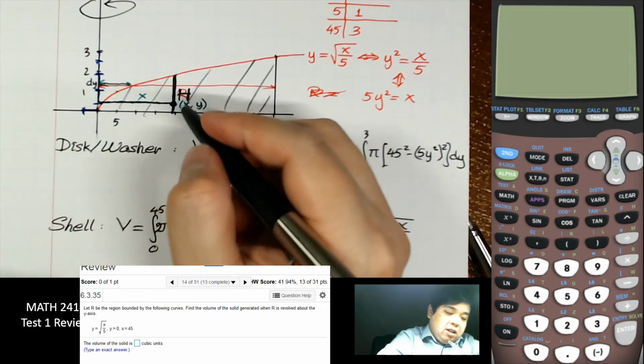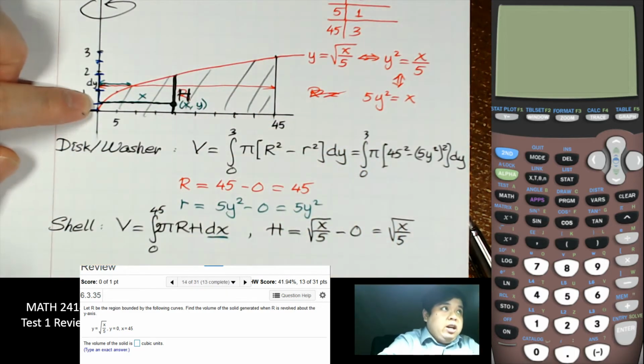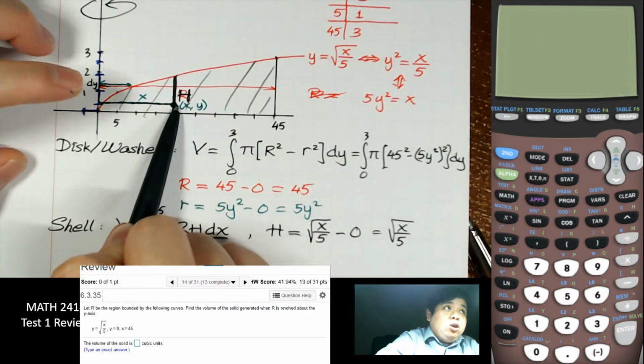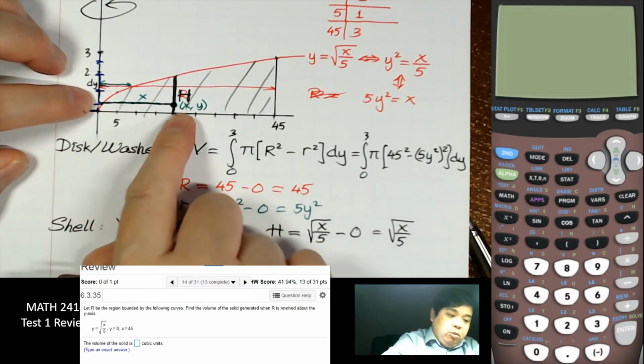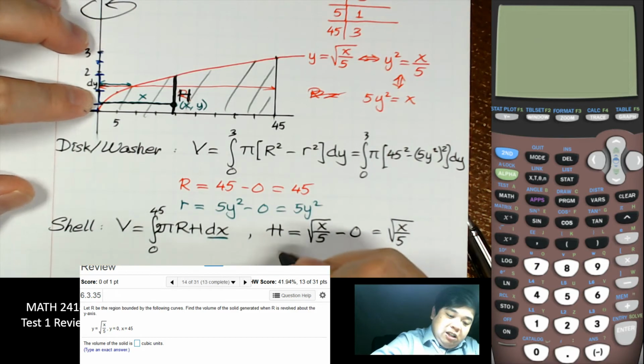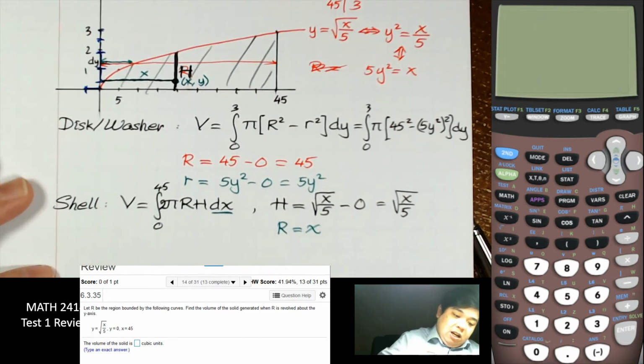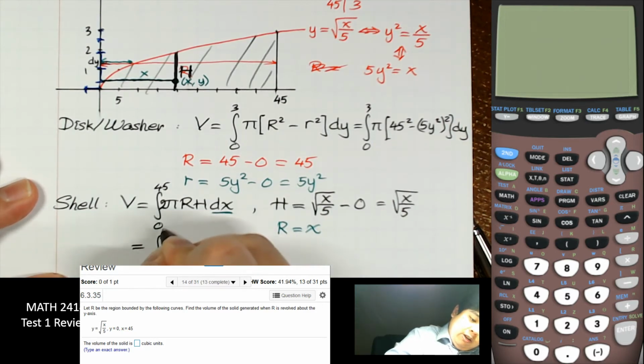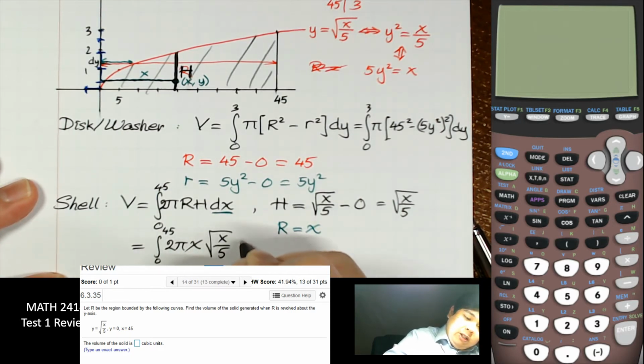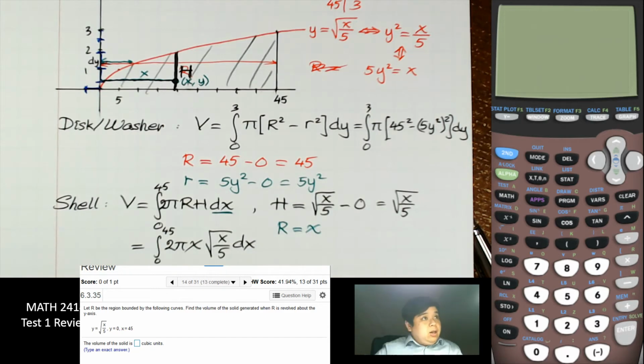So if this is x, the only thing we need to check is the distance from that point to the axis of rotation, which will be just also x. In the next problem we might not have this case, but anyway we will have 0 to 45, 2 pi x square root of x over 5 dx. Either way works.